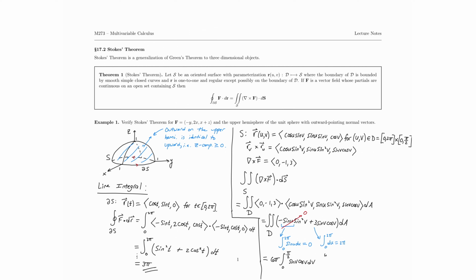And we can use a u substitution here. w equals sine of v, dw is cosine of v dv. This does work. You end up getting 3 pi for the answer. So Stokes' theorem is verified. It does give us the correct answer no matter how we approach it. All right.